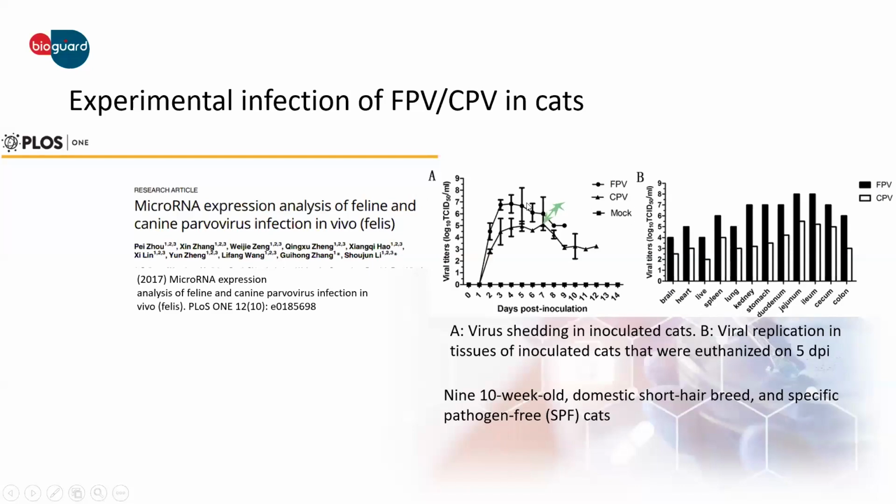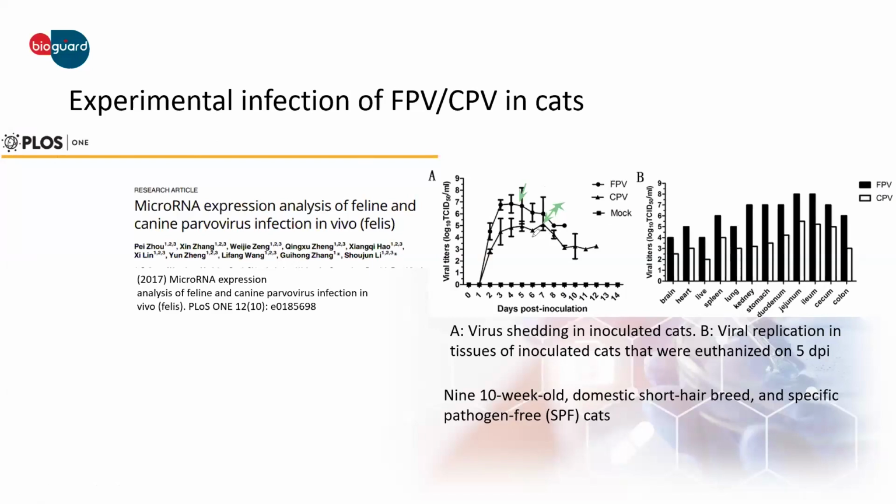So the figure here, this one is the FPV shedding in the infected cats.